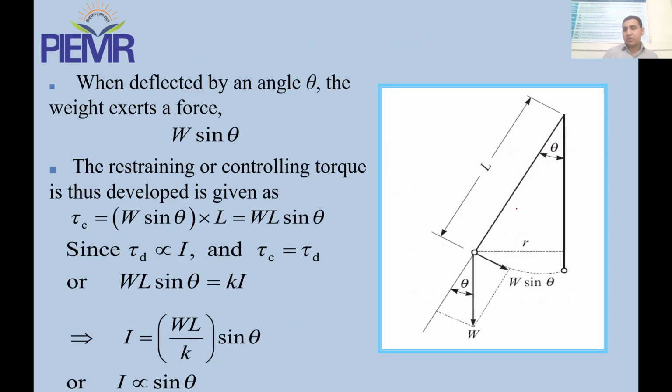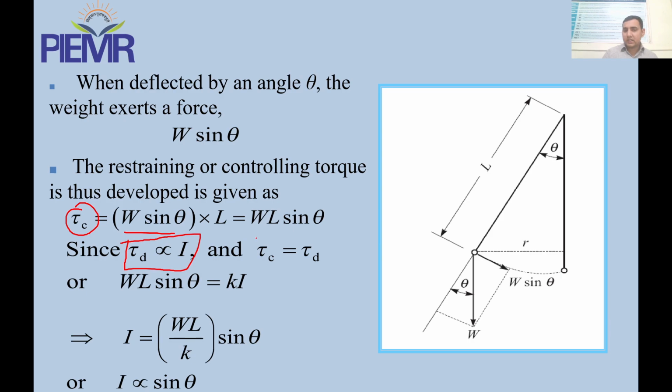It is one of the fundamental features. When the pointer moves in some direction, W sin theta opposes the motion and exerts a force, which is basically the controlling torque. So the controlling torque TC is equal to W sin theta times L, where L is the length of the pointer from the control point, so TC equals W L sin theta. In a PMMC instrument, the deflection torque is directly proportional to current.